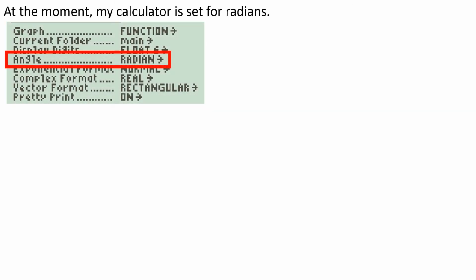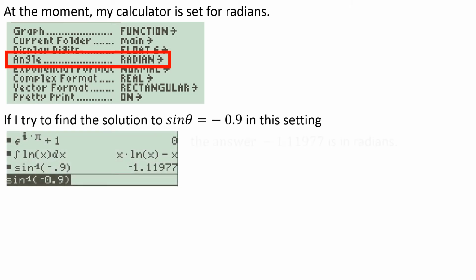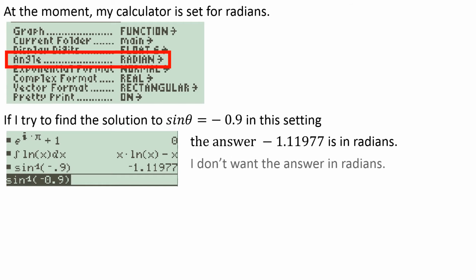Oh, my calculator's set for radians right now. If I try to do inverse sine when I'm in radians, I'll get an answer of negative 1.11977. That's in radians. I don't want radians. Change it to degrees.